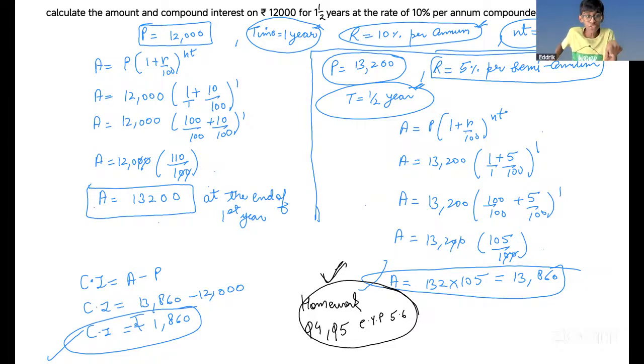How was the principal 12,000 and not 13,200? No, the principal is the first principal. The first principal is 12,000. This is the principal for the end of the first year. But how much did I borrow? I borrowed only 12,000. I didn't borrow 13,200.